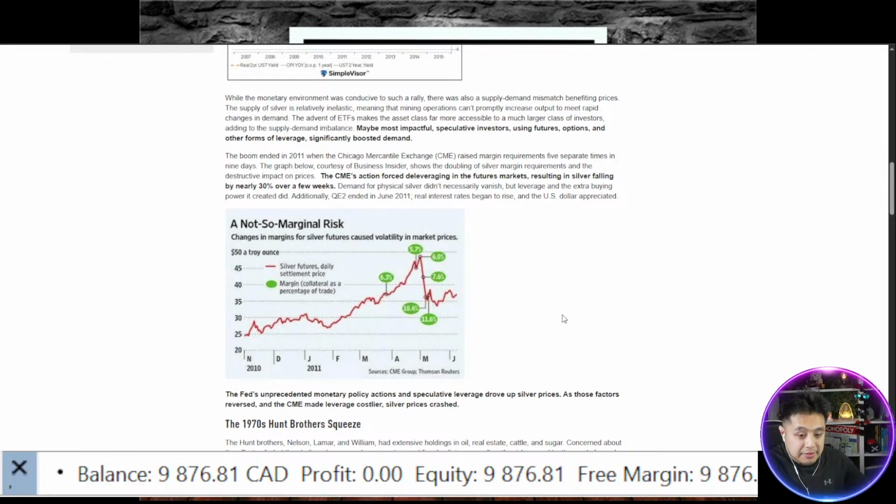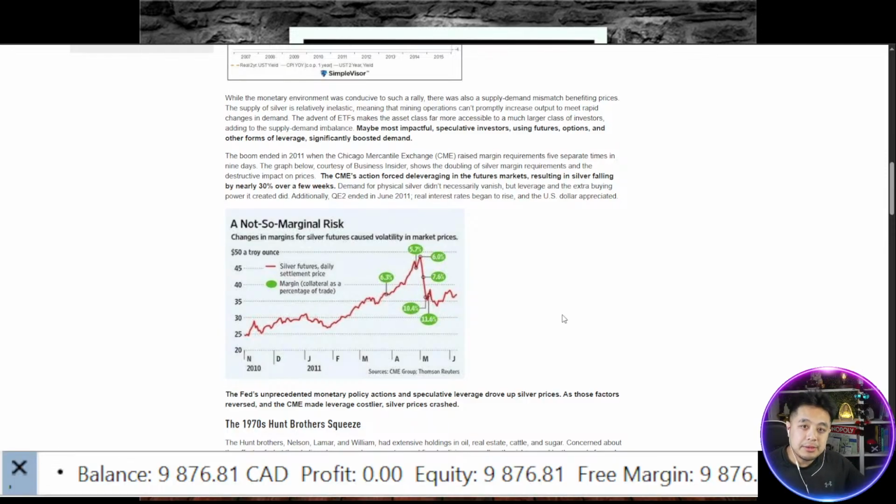So if you have $1 billion of open contracts, even if you're in the green, you have to either come up with $100 million to satisfy the margin requirements, or you've got to sell enough to be below that threshold. Now, imagine selling $100 million of silver contracts just for the Hunt brothers alone.